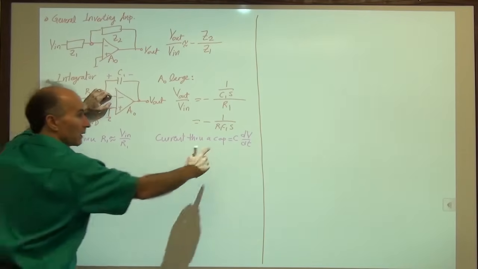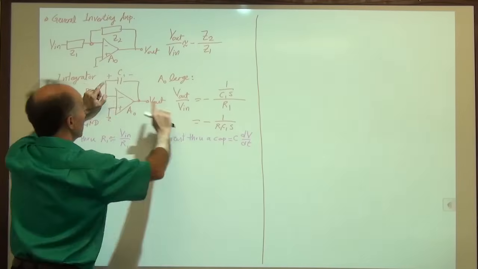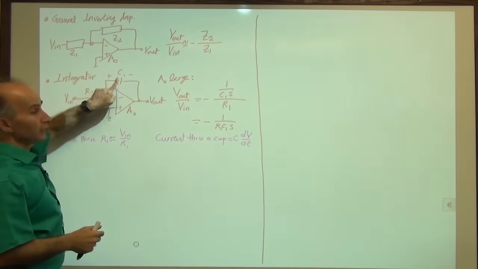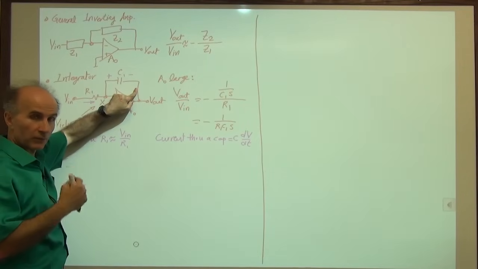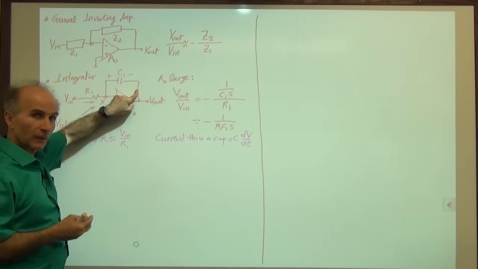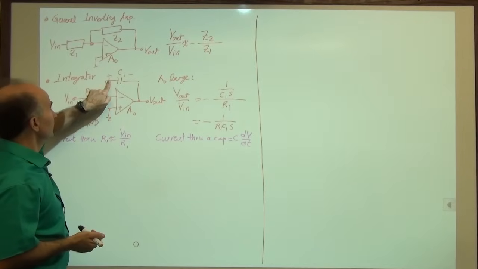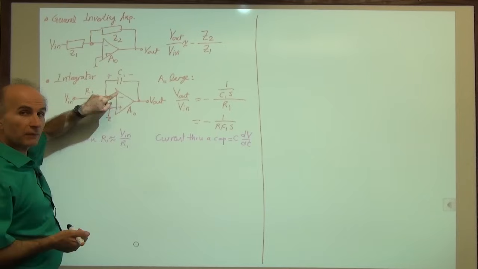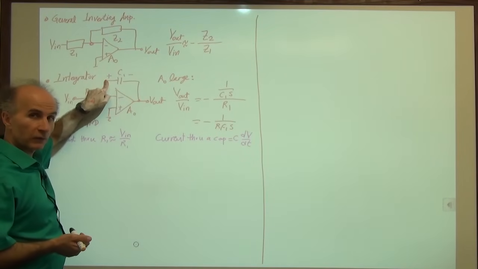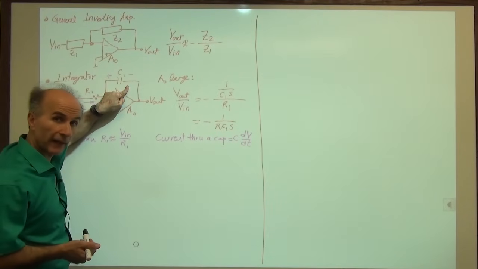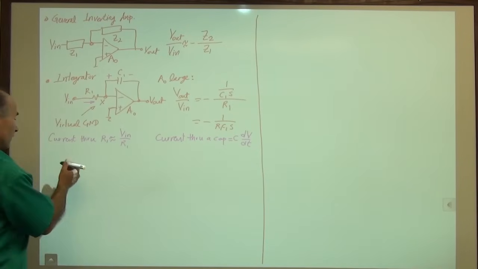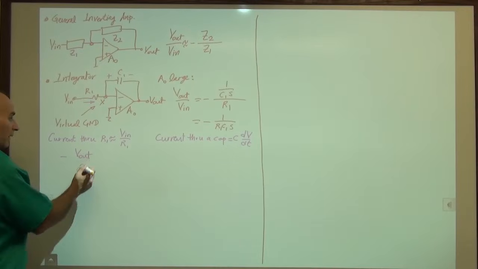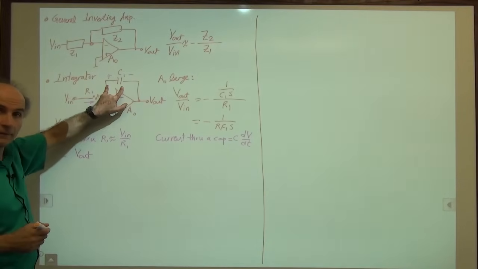Then, if V is chosen like so, the resulting current is flowing from left to right. That is the convention that we use. All right, so how much is the voltage from here to here? This voltage is 0. This voltage is V out. So the voltage from here to here is minus V out. That is the voltage across the capacitor.